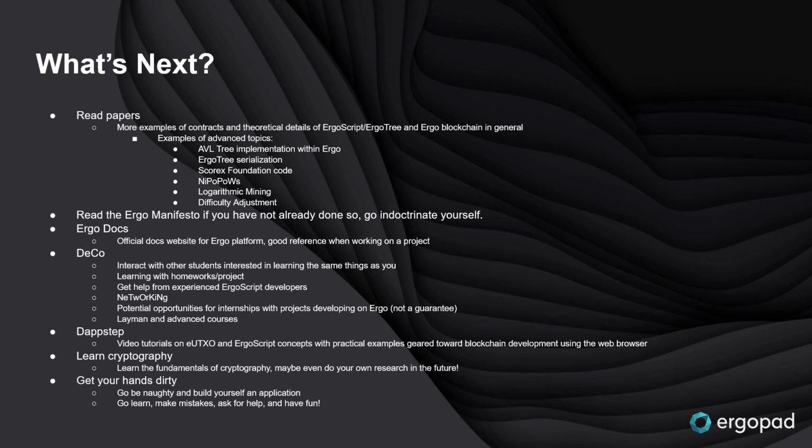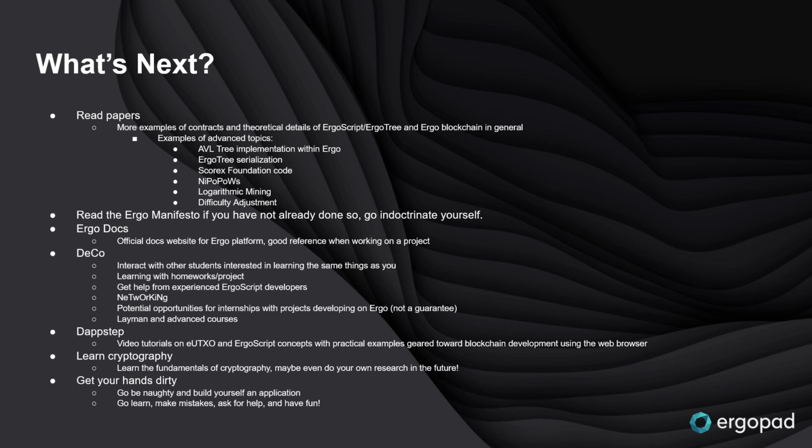It's a great way to interact with other students who are interested in learning the same things. Just talking to people is really cool. You get to learn with some homeworks or projects if the course requires it. You can get help from experienced developers. It's a good opportunity to network with other people and find out what other people are interested in working on in the ecosystem.